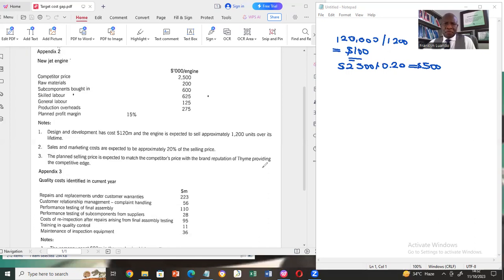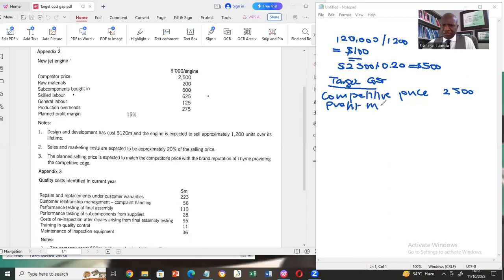So here we can now look at the target cost. The target cost, the starting point is the competitive price we are given, which is 2,500. Then less profit margin.